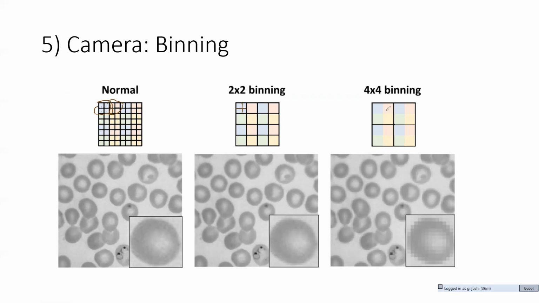Versus if you were to do a 4 by 4 binning, all these pixels you are seeing over here are now part of this 1 pixel here. Now you can clearly see that the image is getting much more pixelated. So that's binning in a nutshell, and I'll show this to you exactly once I put a slide on the microscope.